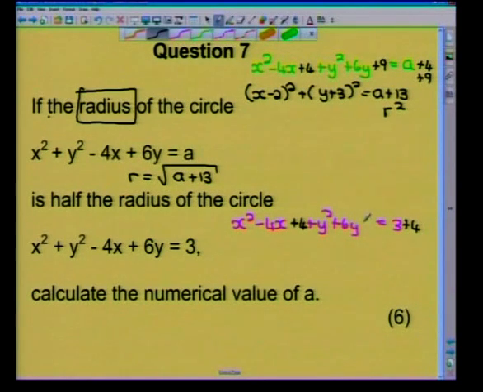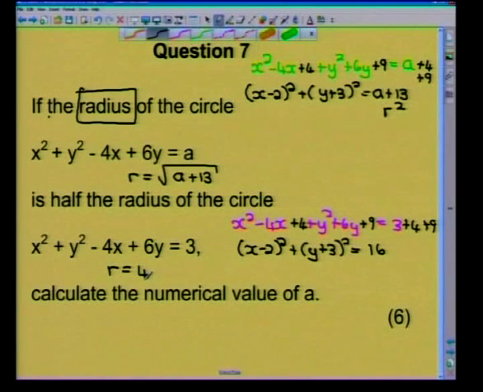Half of that is 3, squared is going to be 9, added to both sides. So we're going to get x minus 2 all squared, added to y plus 3 all squared, equals 7 and 9 is 16. And so here I see my radius is actually 4. Again, radius squared being in this position, so the radius is 4.